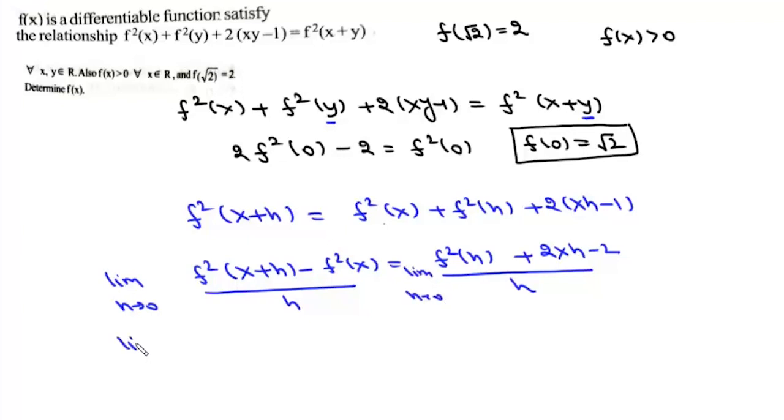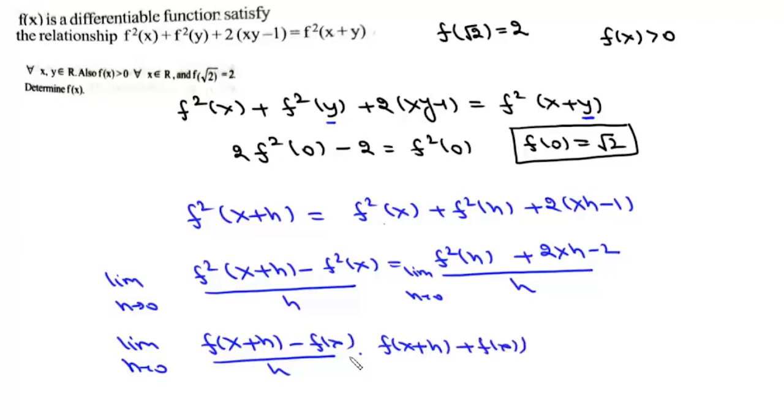Now we'll split this as limit h tends to 0 of [f(x+h) minus f(x)] upon h into [f(x+h) plus f(x)], and this equals limit h tends to 0 of [f²(h) minus f²(0)] upon h, plus this 2x.